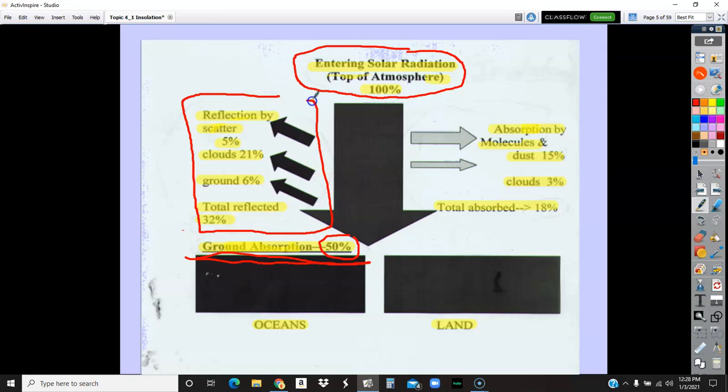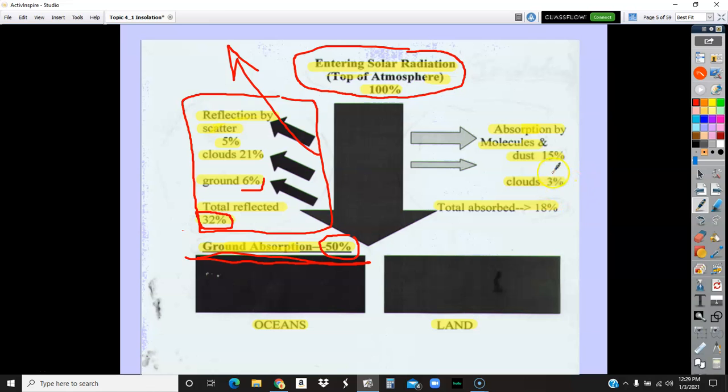If it's a cloudy day, clouds are going to reflect. The ground is also going to do some reflection, especially if you have snow and ice on the ground. You have different gases in the atmosphere that are going to cause reflection. So on a cloudy day, you're looking at 25, 30, 32% of sunlight gets reflected, which means it gets bounced back up into space. On this side, this is absorption, which means to take in.